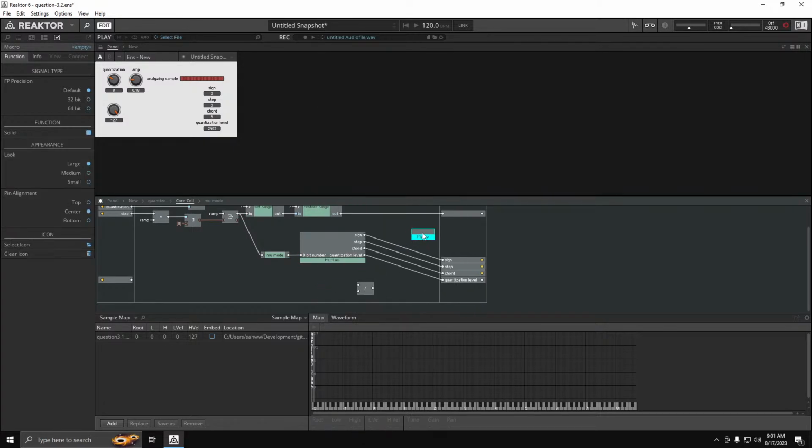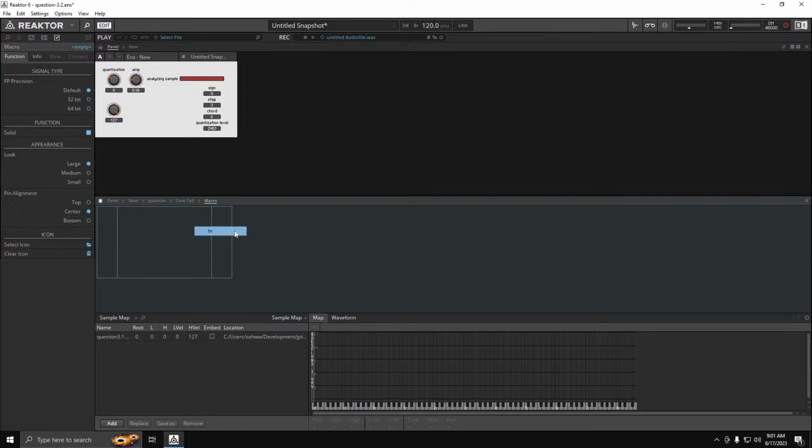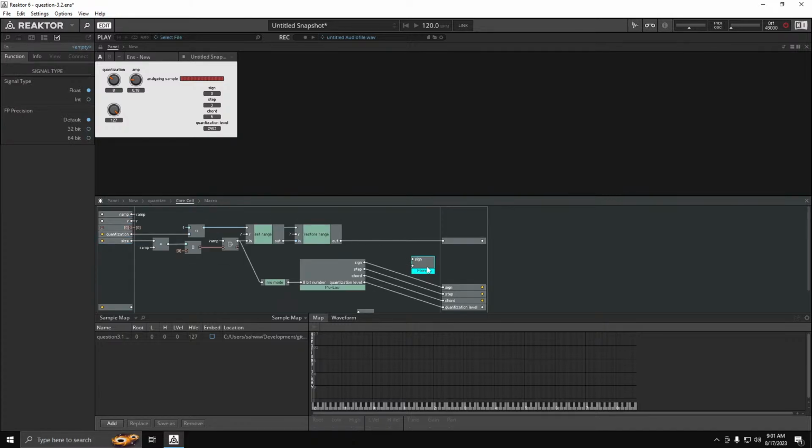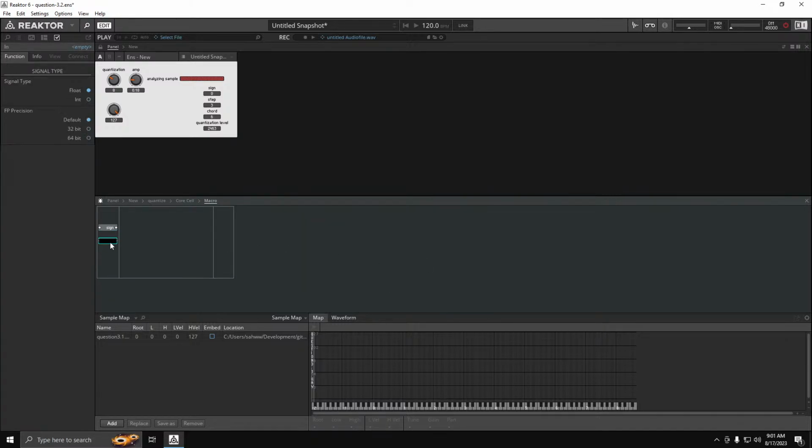This would take a sign. It's also going to take what? Quantization level. Just call it QL. Whatever. It's going to be called nothing.